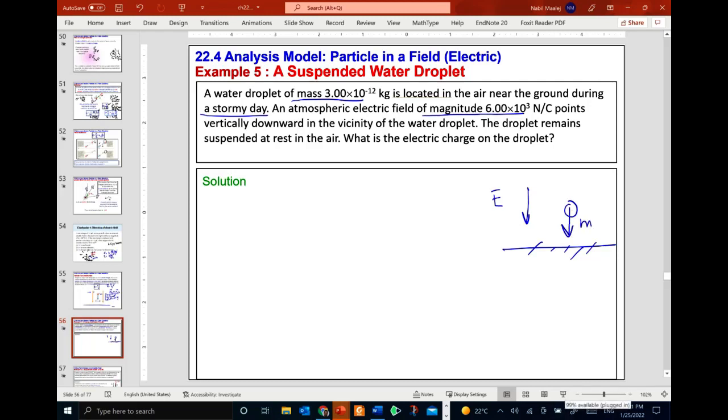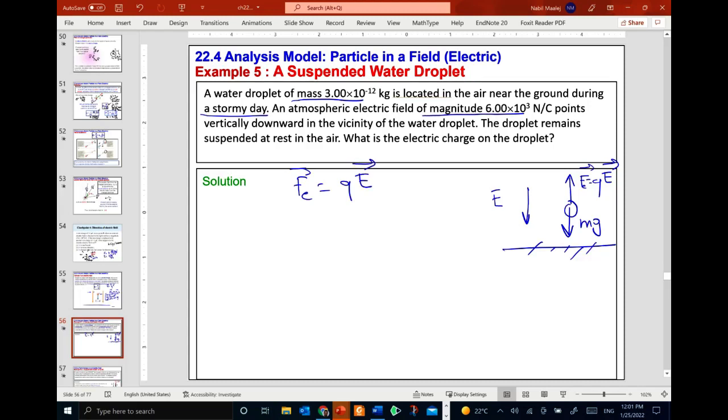The gravitational force is mg, and if the droplet is suspended in air, the other force has to be in the opposite direction. It cannot be pointing downward. So this is Fe. And we remember Fe is equal to Q times E. The electrostatic force is a charge times the electric field.